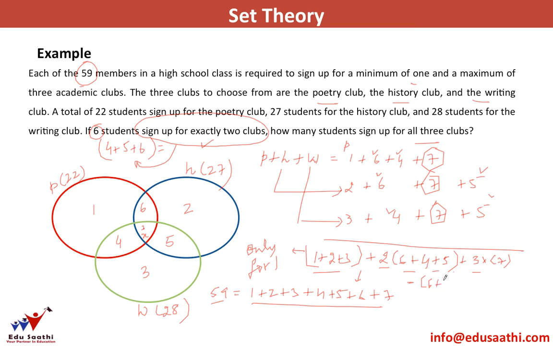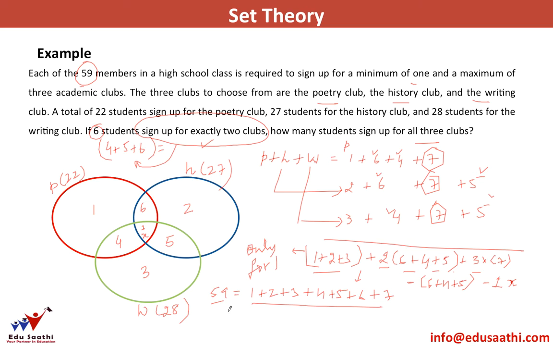So if I have to make it equal to this, I will subtract 1 time this 6 plus 4 plus 5. This is nothing but the people who signed for exactly 2 clubs, and minus 2 times X. X is what? The number of people who signed for exactly 3 clubs.